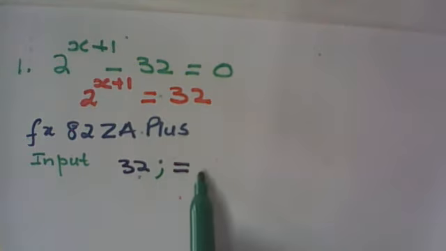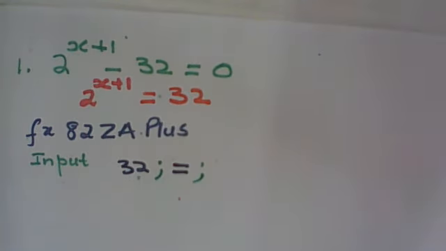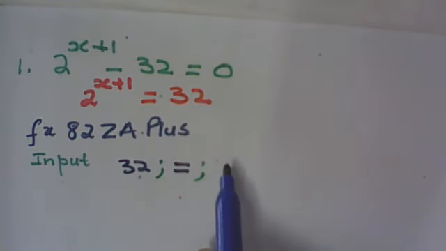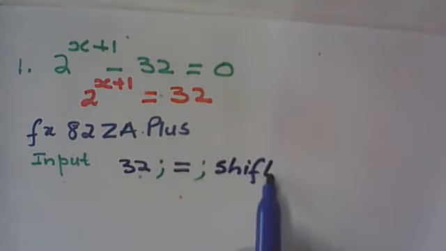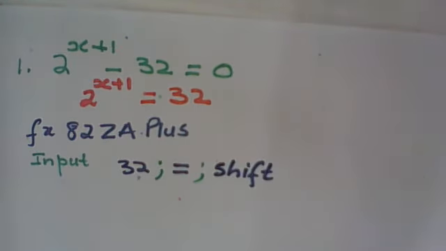Now we are doing coding. This is coding. 32, and then you put shift, at the top left.